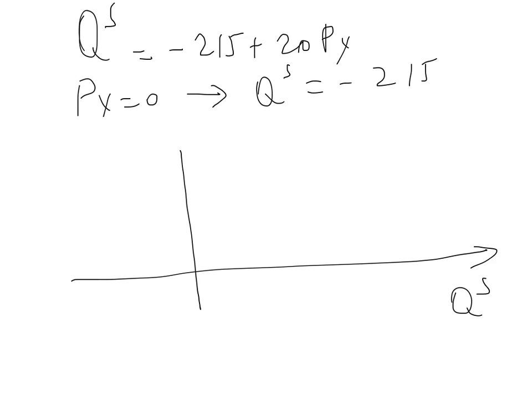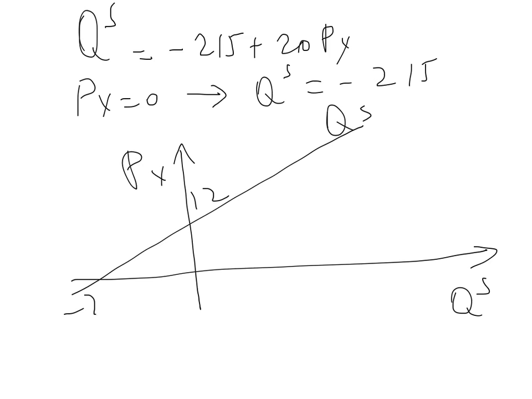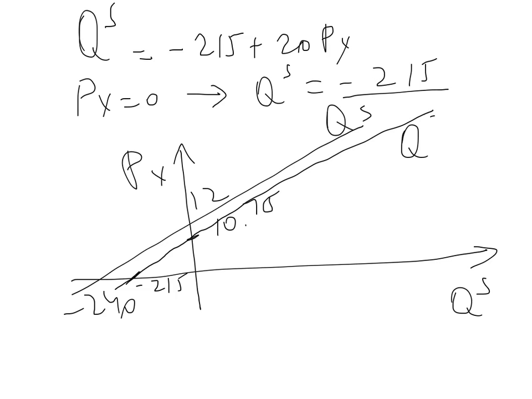Quantity supplied, price of good X. Let's see in relationship to our old quantity supplied. That was 12 and minus 240. Now we have the new intercept of 10.75, and the new intercept over here, just calculated, minus 215. So this one is going to be another QS2 below our original graph.